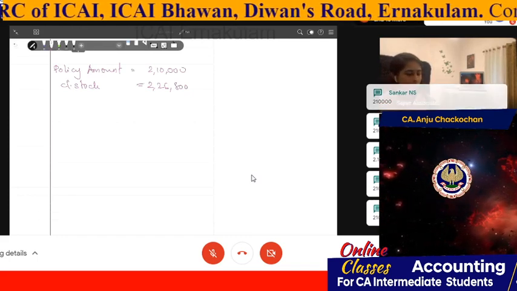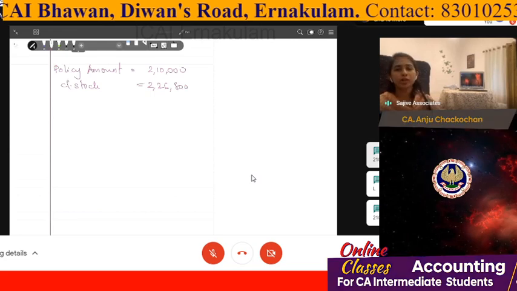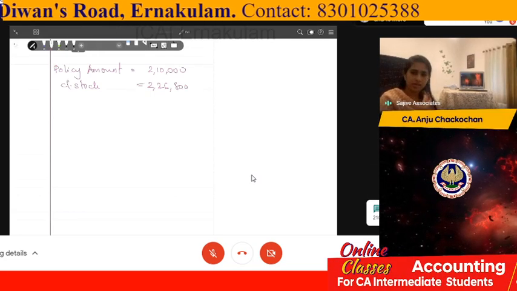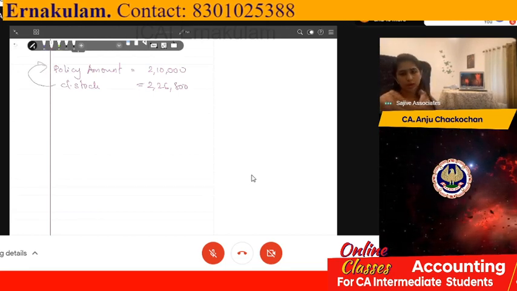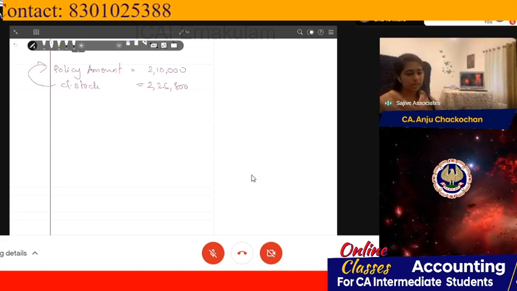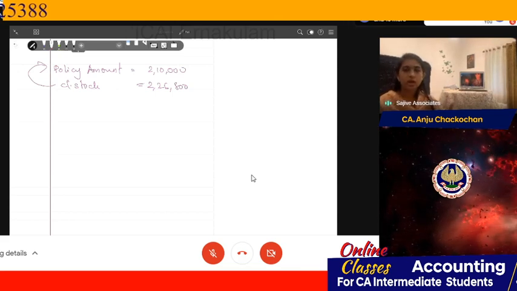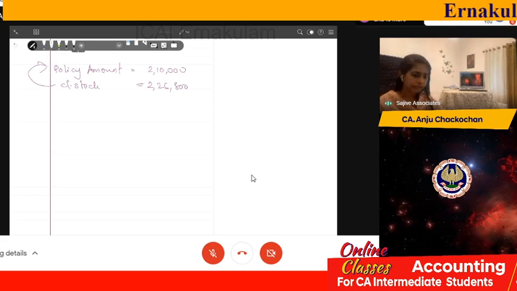Why? Because you have taken a policy only for 2,10,000, so how can you claim an amount more than that? Even if your closing stock is 2,26,800, you will have to limit it to 2,10,000, and you will be getting the entire 2,10,000. Even though the amount is lower, you don't have to apply average clause because the question clearly states that average clause is not required.